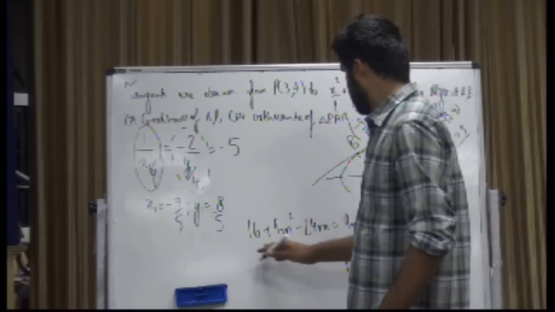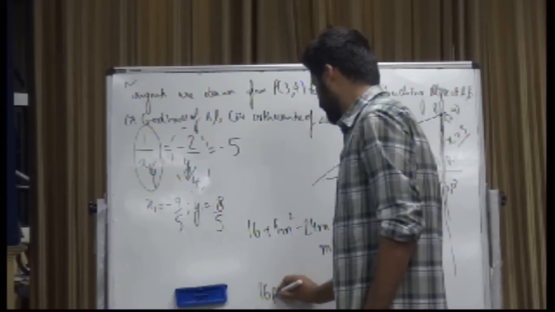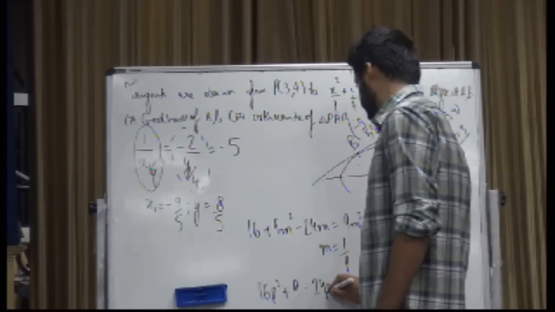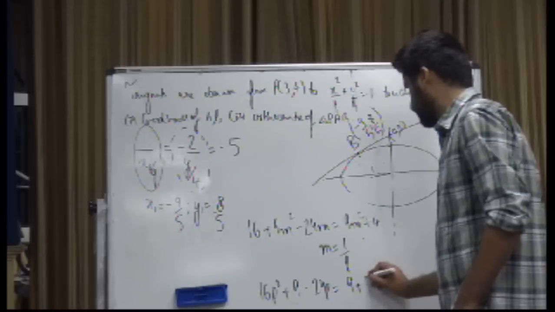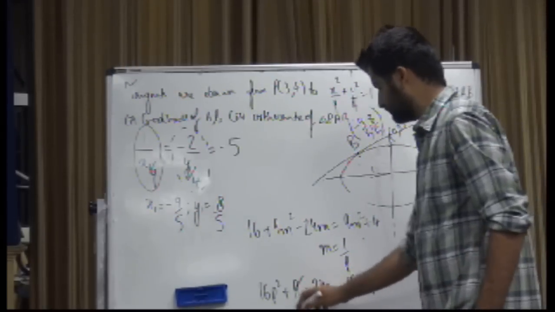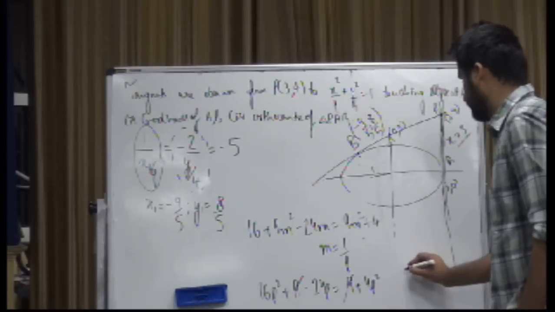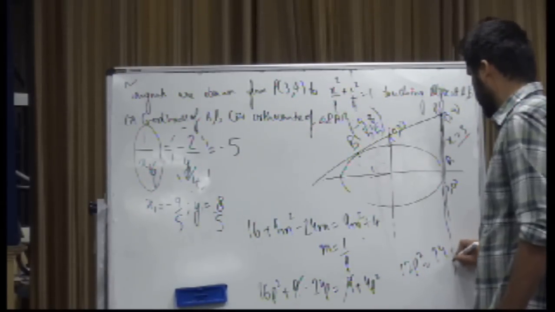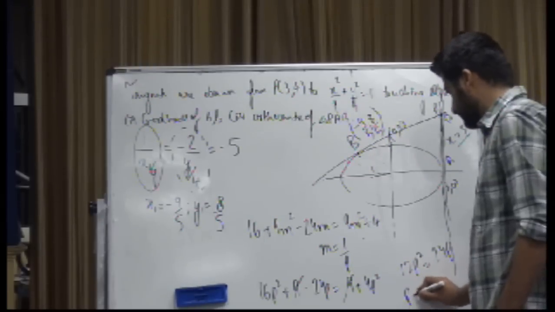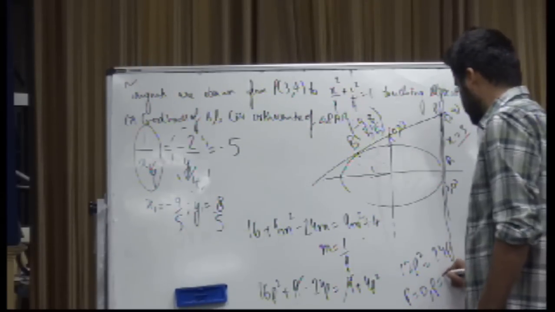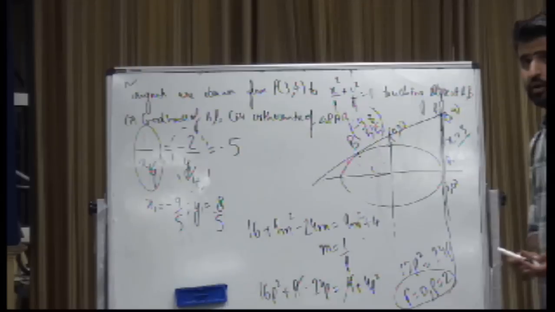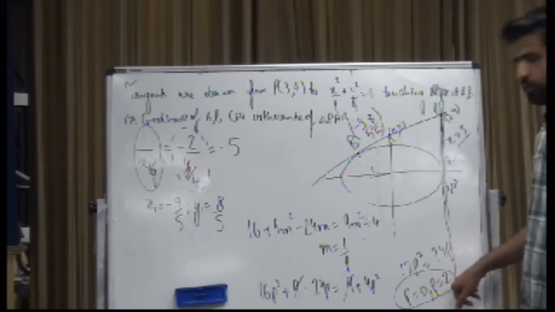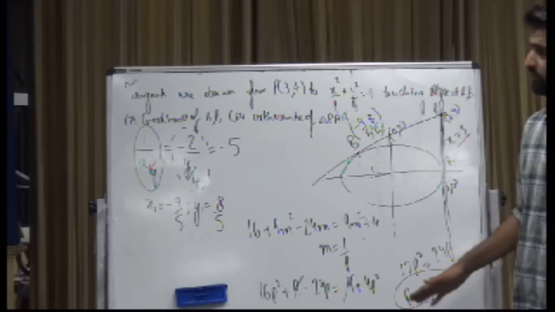You will get 16 p square plus 9 minus 24 p is equal to 9 plus 4 p square. So from here you get 12 p square is equal to 24 p. So we're getting two roots, p is equal to 0 or p is equal to 2, right? So either 1 upon m will be equal to 0 or 1 upon m is equal to 2. So this gives me two values of m.